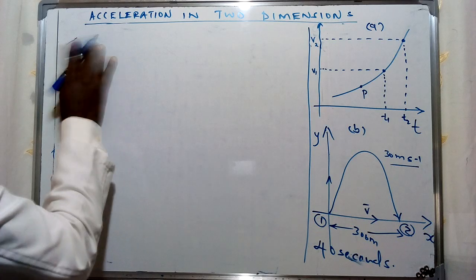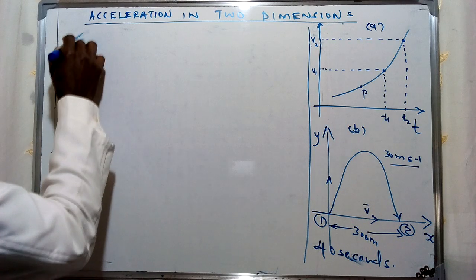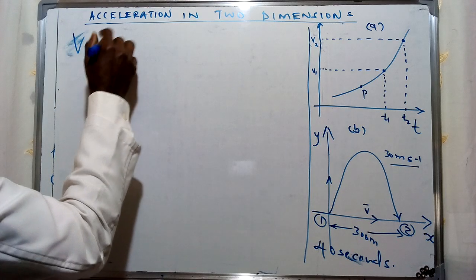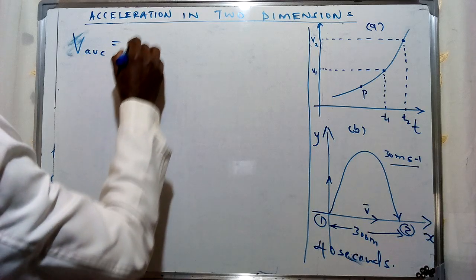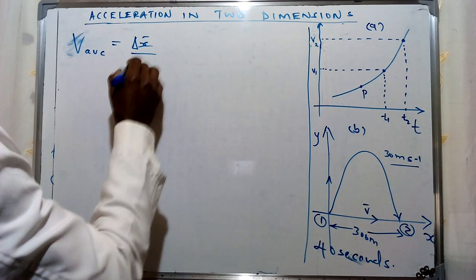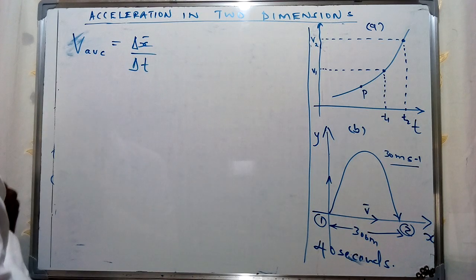So this is going to be average. Let's give it in terms of velocity average. So we can find average velocity as the total displacement all over the time interval taken, given as delta x over delta t.